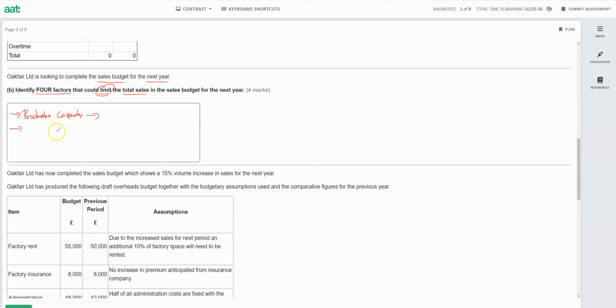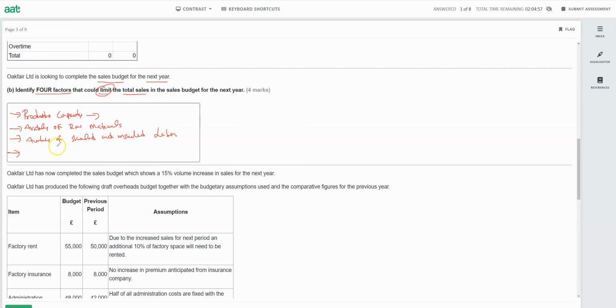So we can say availability of raw material, because for some reason if we don't find enough material outside, we'll not be able to complete the demand. Then same thing, availability of skilled and unskilled labor.